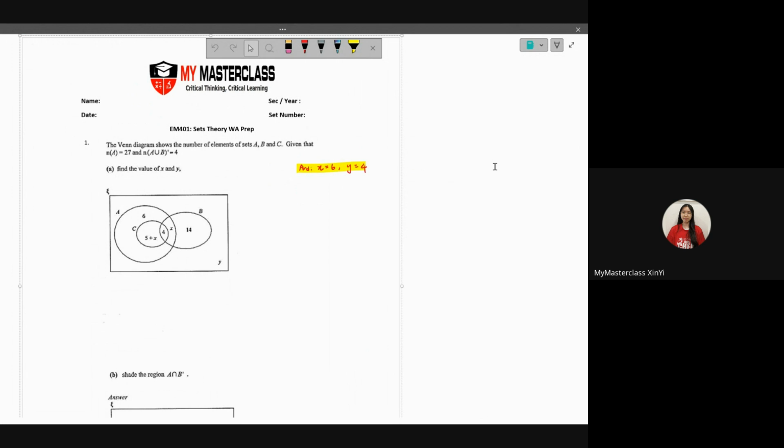This is not the elements itself, these are the number of elements in the set. The diagram is now about the number of elements, not the elements.